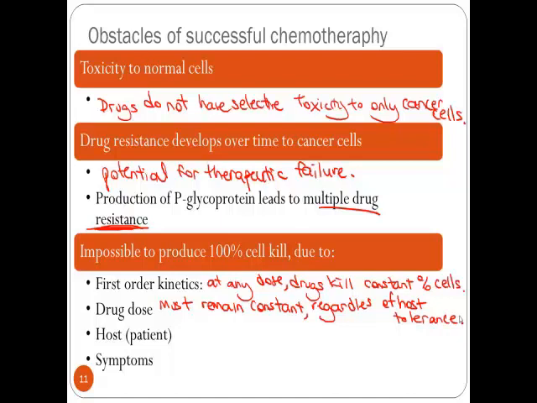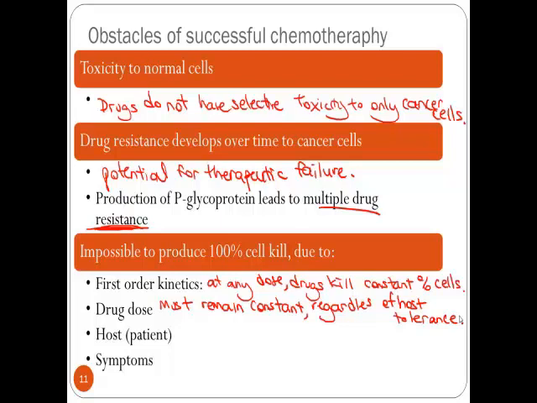So if the patient is going to be given cancer chemotherapy for a period of 3 months, they're not going to be as healthy and as robust at the end of the 3 months as they would be at the start. But the drug dose has to remain constant. So you've got that to consider as well.